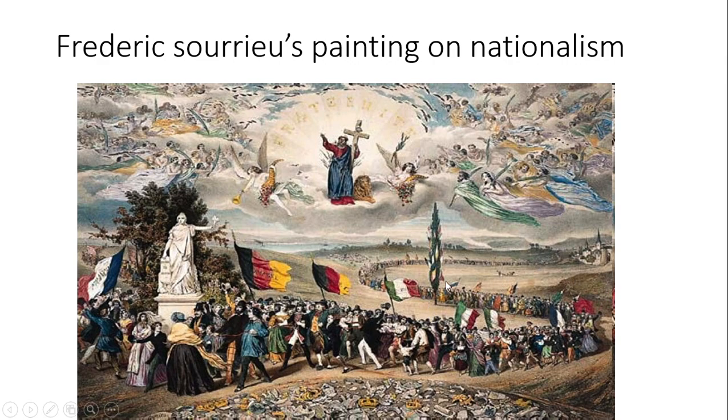There is a long line like a train which is moving towards the Statue of Liberty, which indicates that they wanted freedom. The worldwide people wanted freedom, and above all the angels are blessing them.